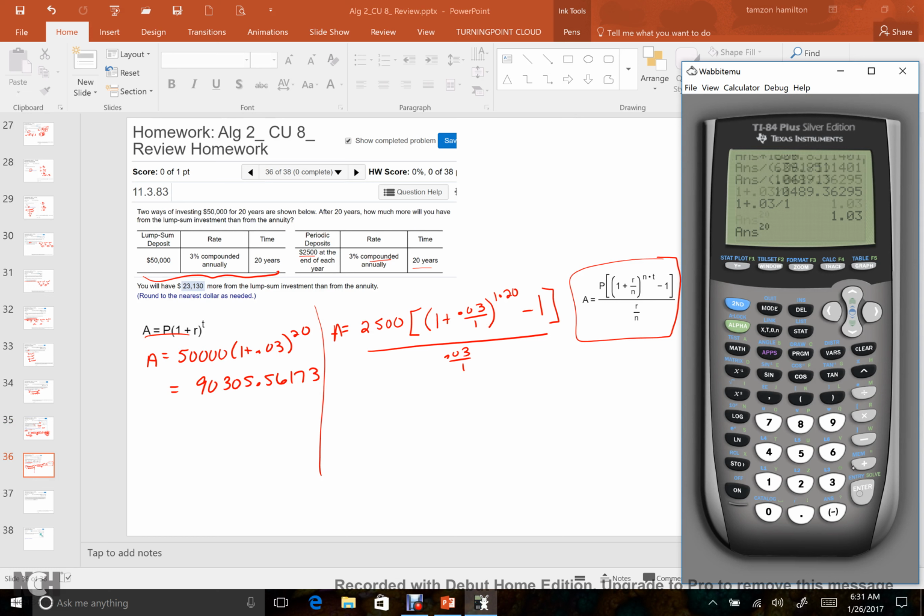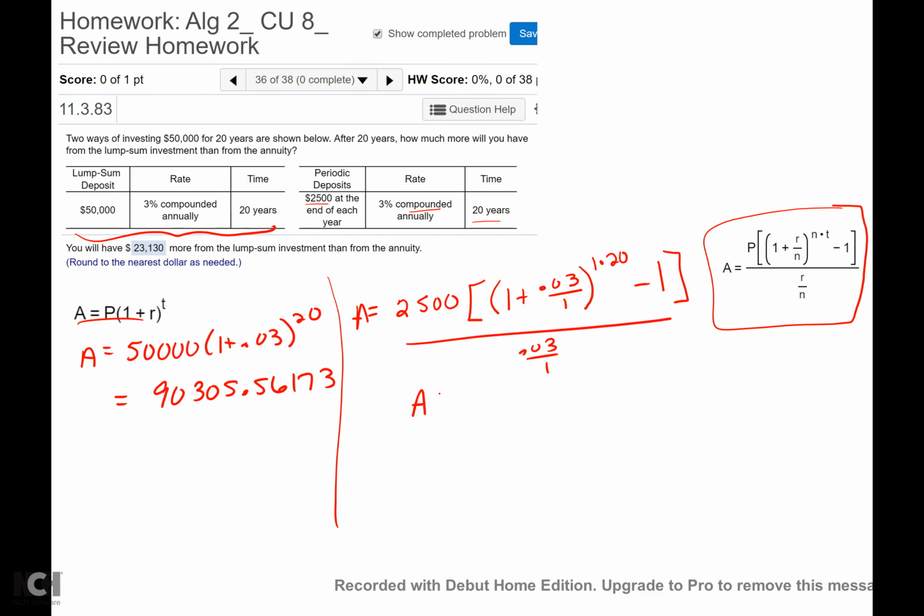Caret 20, enter, minus 1, enter, times 2,500, enter, divided by 0.03 divided by 1, which is just 0.03, and you get 67,175.93622. So for this one, the amount is 67,175.93622.